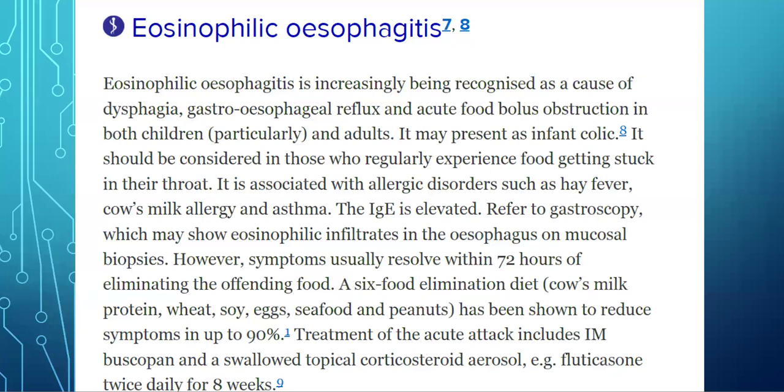So our condition is that if the question already says that this is eosinophilic esophagitis, if it confirms the diagnosis, there is no point of giving PPI. But if it doesn't confirm, then we give PPI as our first thing. Does it make sense for everyone?